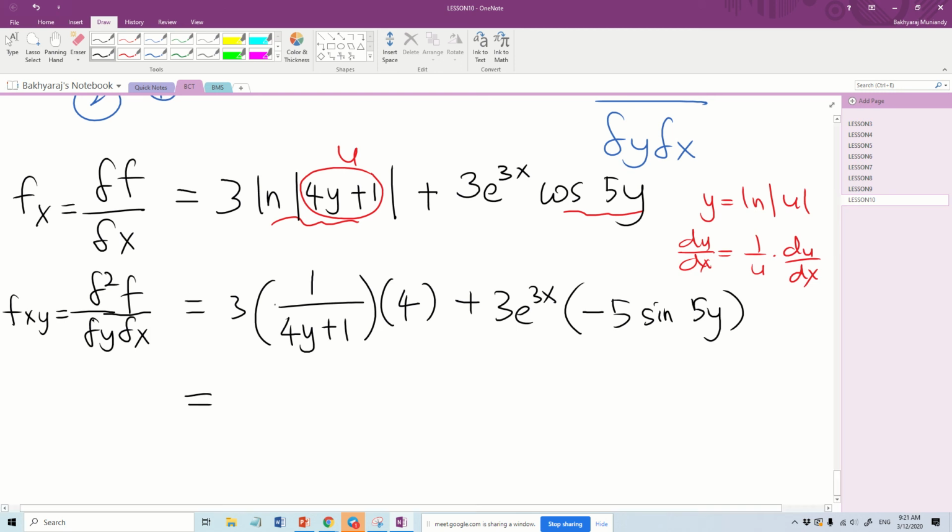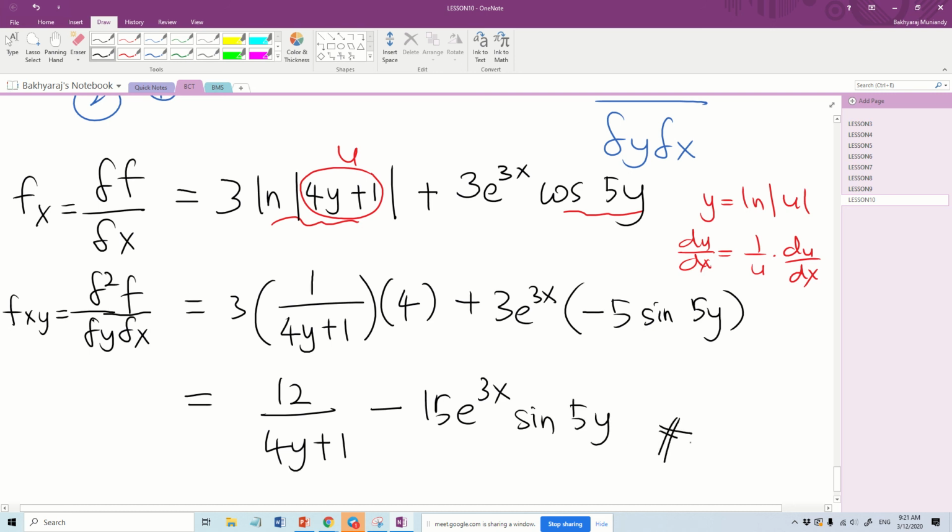The last answer will be 3 times 4 becomes 12 over 4y plus 1, minus 3 times 5 becomes 15 exponent 3x sine 5y. Okay, this is the answer.